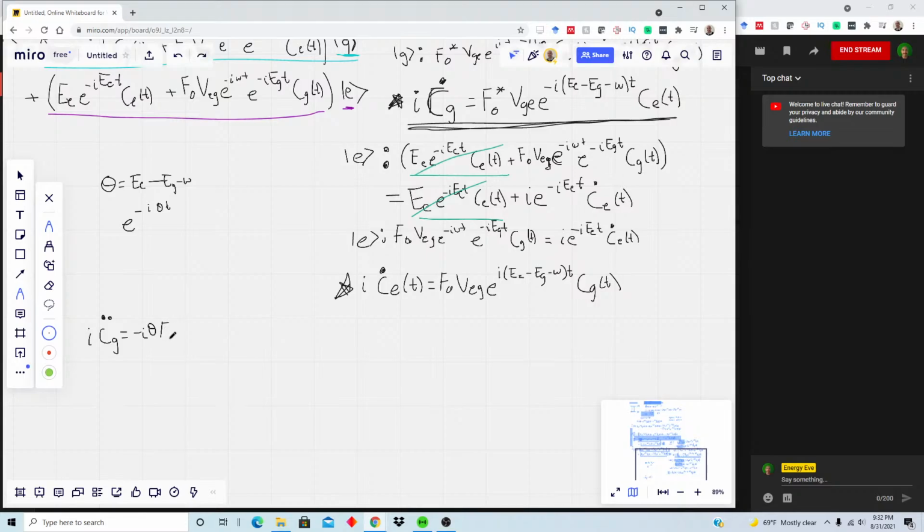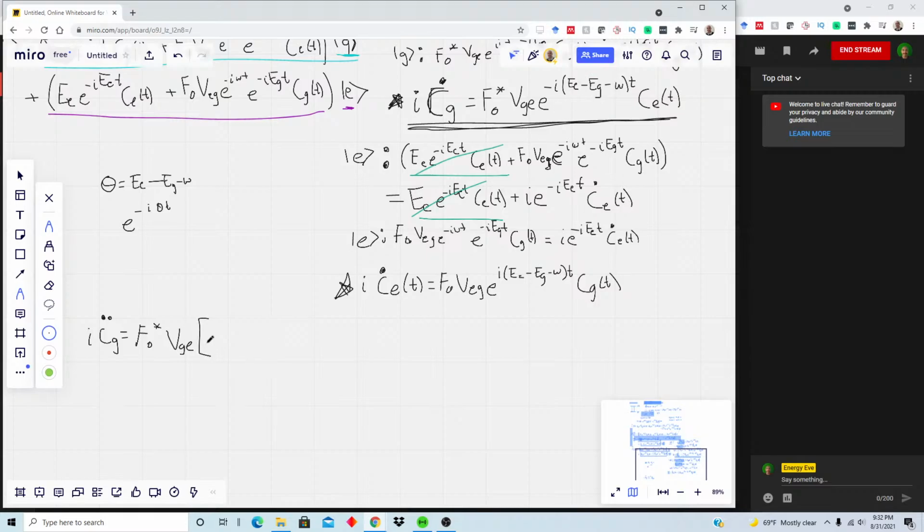Oh, let's factor out the constants real quick. F, G E, because we're taking it of this.